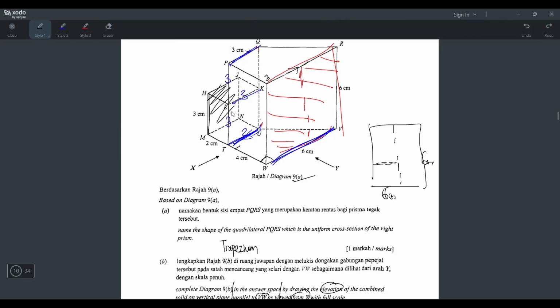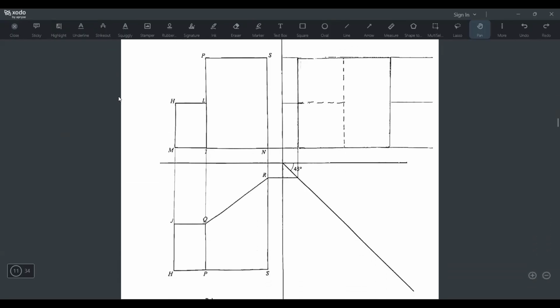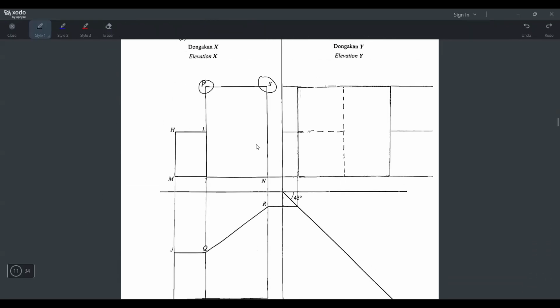And the surface at the back here, we can't see it because it will be covered. It overlaps with this, right behind each other, exactly behind it, so you don't have to draw any extra lines. So this is the answer. I think I have to label, because if you look at them, they also got label here.